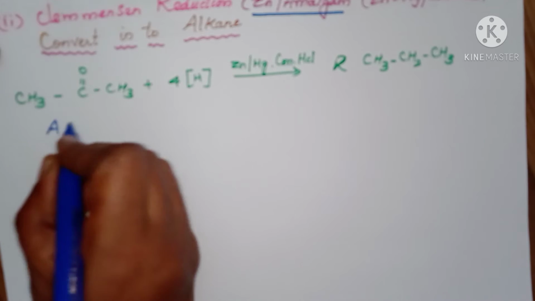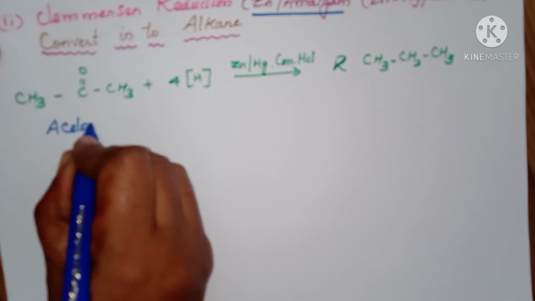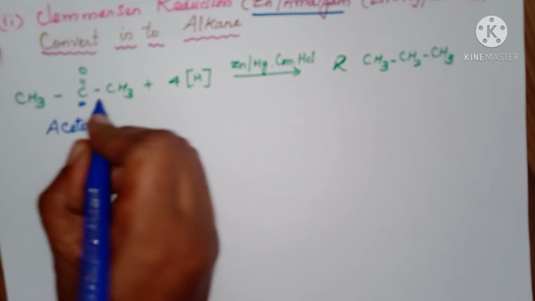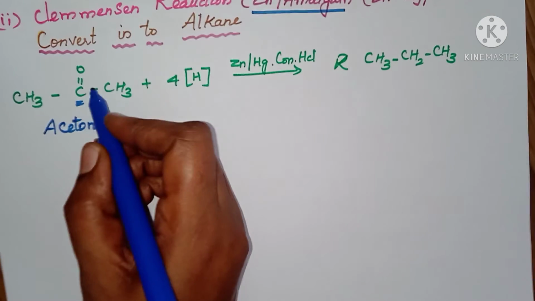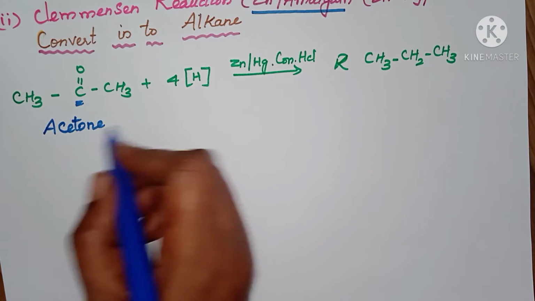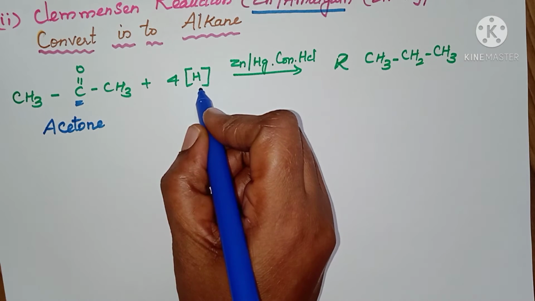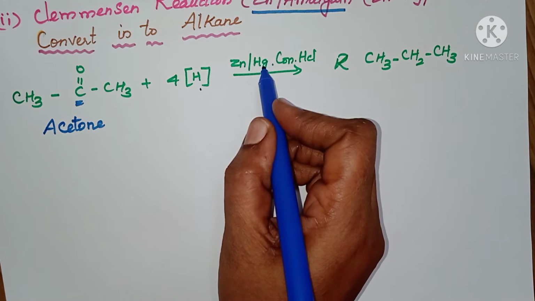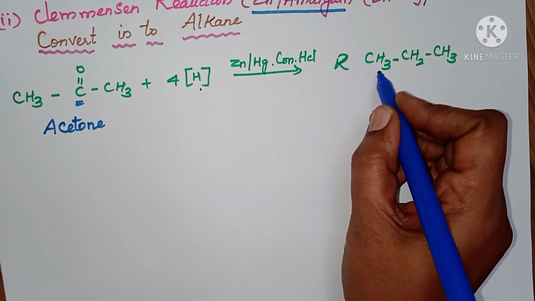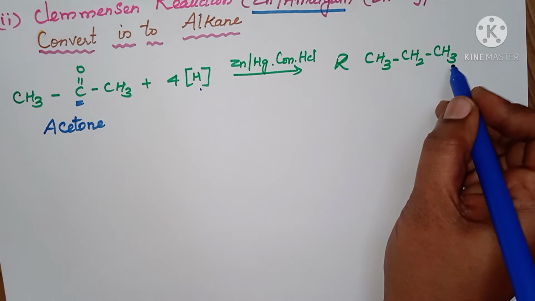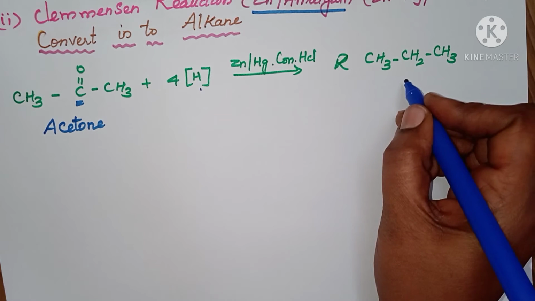Now here I have taken acetone. Acetone, naturally, is a ketone. This has a double bond to O, the carbonyl group is there. Acetone is reduced in the presence of zinc amalgam with concentrated HCl. You are getting CH3CH2CH3. What is it called?